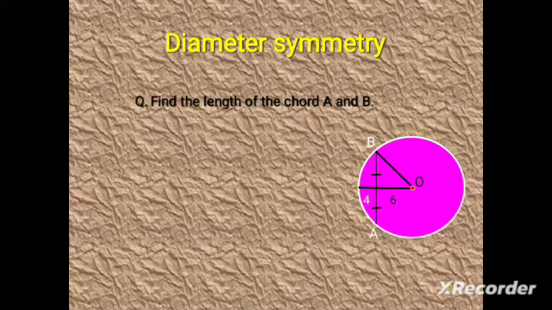The length of the chord is not given, because that is what we want, but we have been given the radius of this circle, though not directly. To find the radius of this circle, part of it is 6.